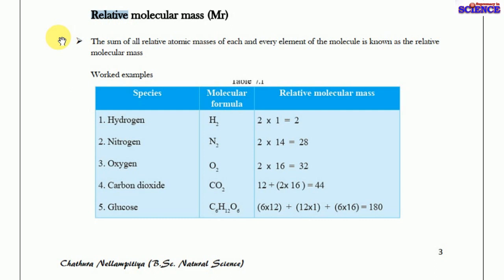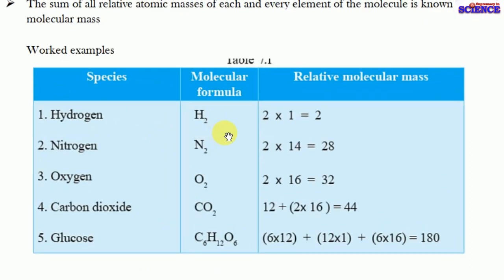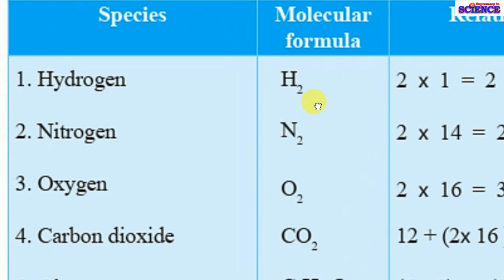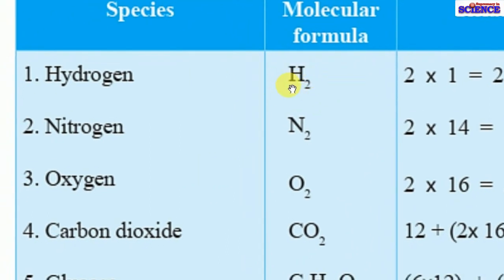1/12 of the mass of the carbon-12 isotope. So what do we get here? We need to find the molecular mass relative to that carbon. We have an easy case here. Assume this molecule is hydrogen. Hydrogen is made of 2 hydrogen atoms. You want to find the molecular mass, but you can't find it in kilograms or grams.